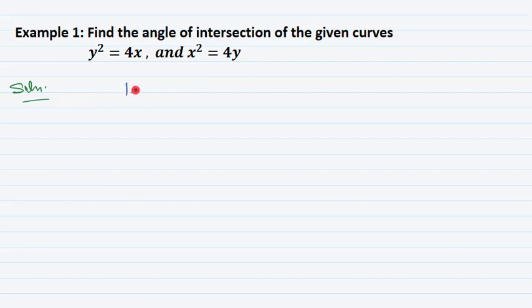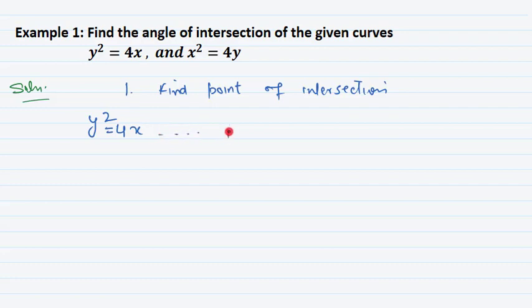The very first step, to find the point of intersection. To calculate the point of intersection, let us use the substitution method. Let me take the two curves: y square is equal to 4x, let us name it number 1, and the second is x square is equal to 4y, let us name it number 2.